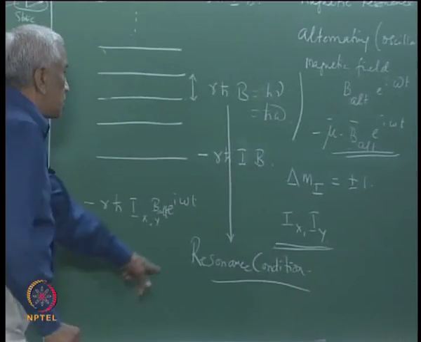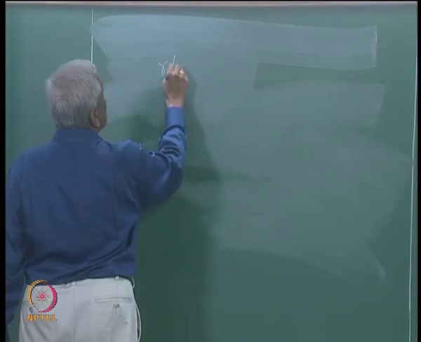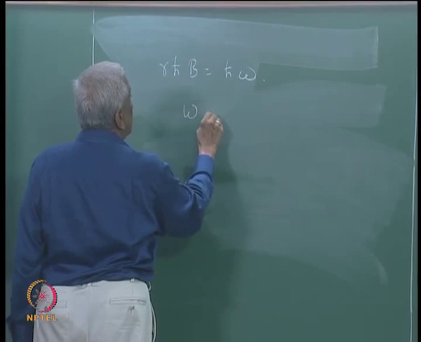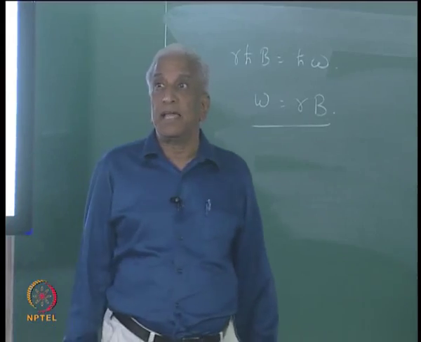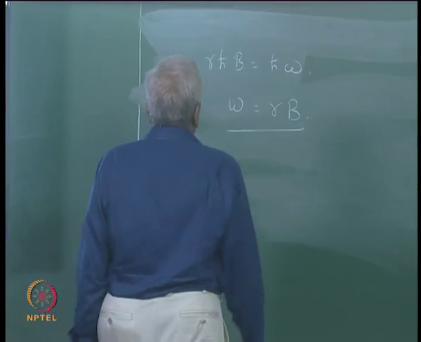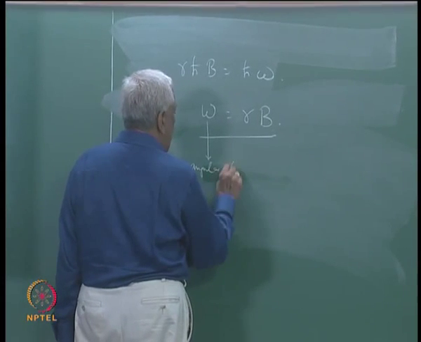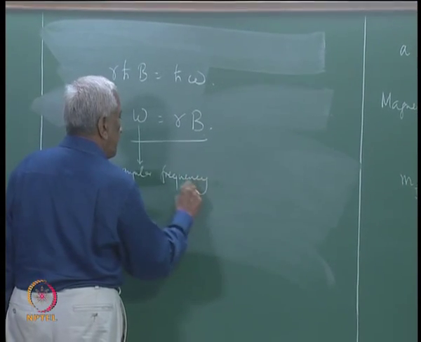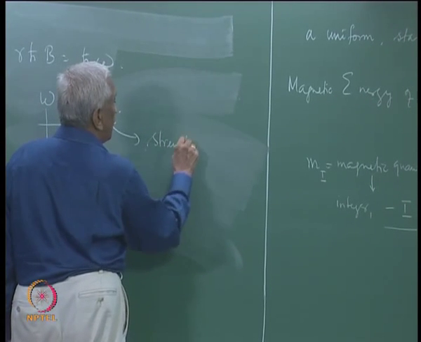So, this is the NMR resonance condition. Written in short, it will be gamma h cross B equals h cross omega, or omega equal to gamma B, where B is the strength of the static magnetic field, and omega is the angular frequency of the applied oscillating field.